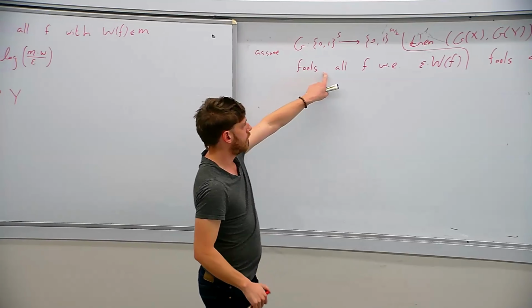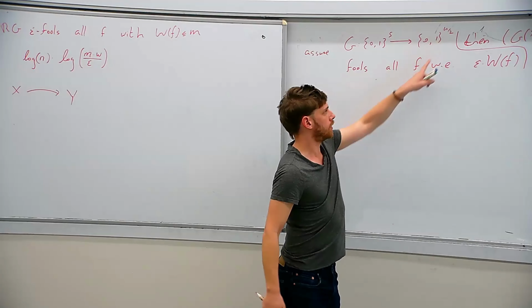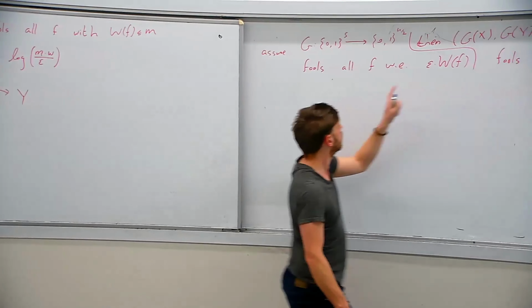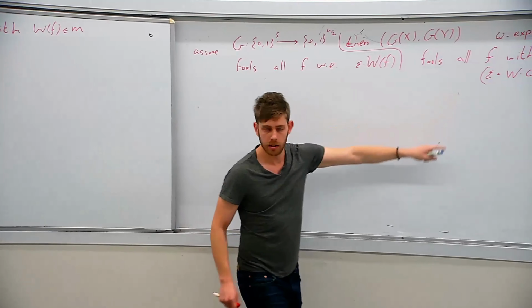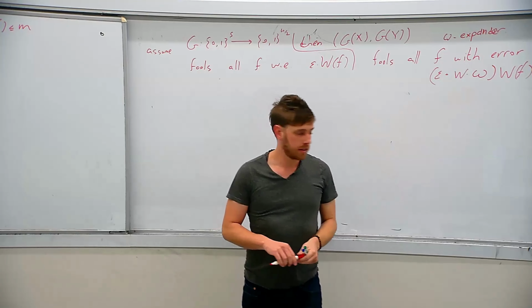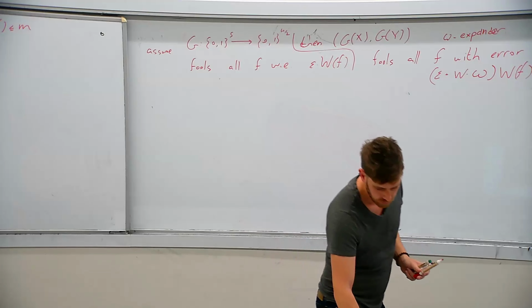Okay, this one is for length n/2 ROBPs, and this one for length n ROBPs. And this is the loss in the error.